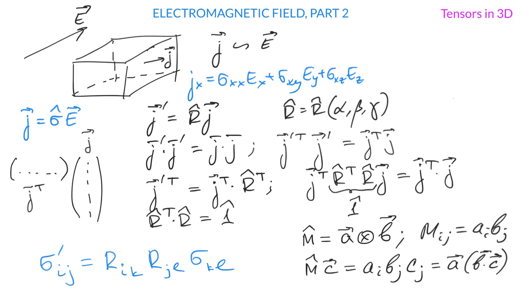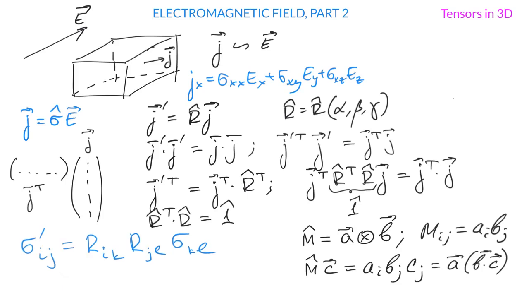Now, the transformation properties of the tensor components should be the same for all tensors. So we can determine it from the transformation in this special case. We know the answer in the special case because we know that by definition M prime is A prime crossed with B prime.